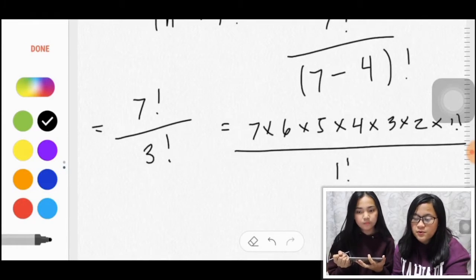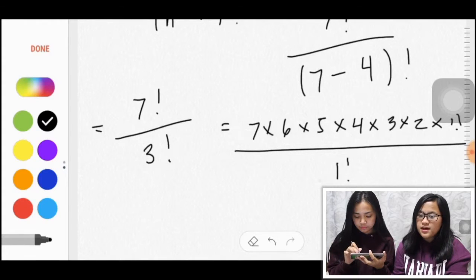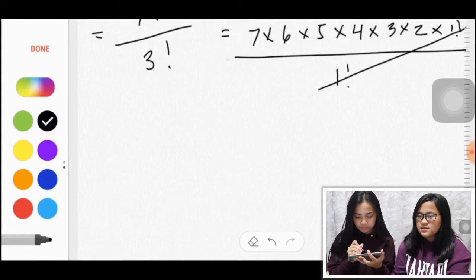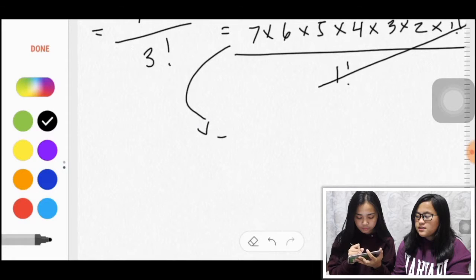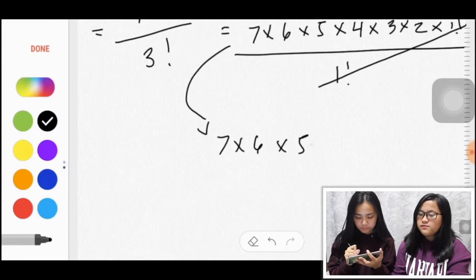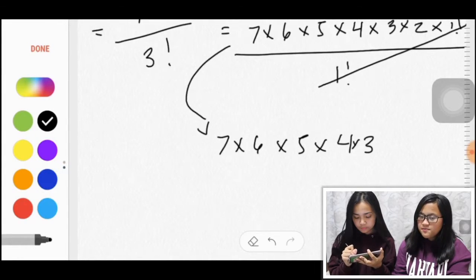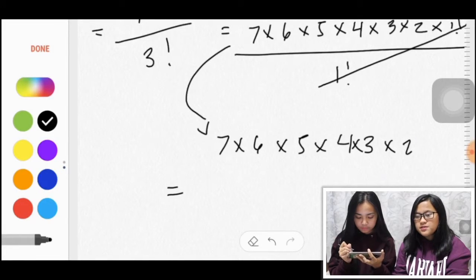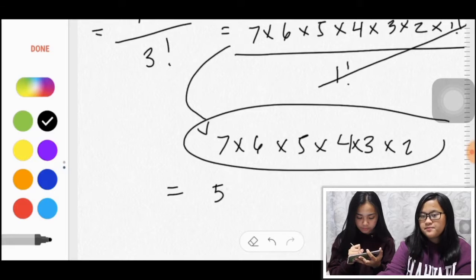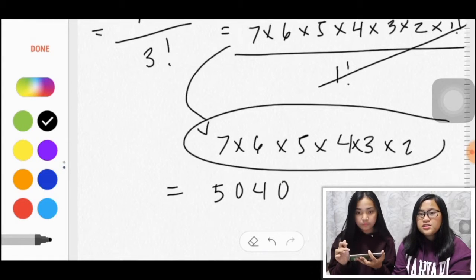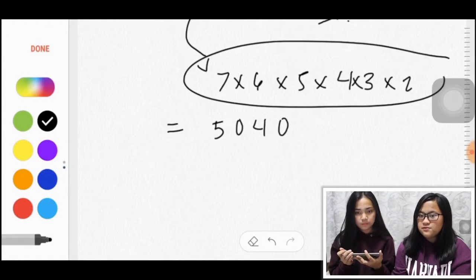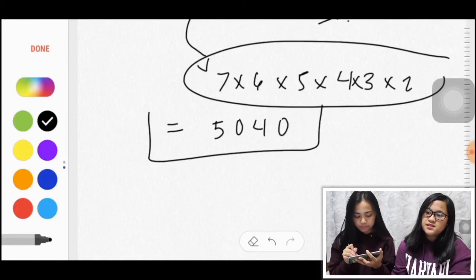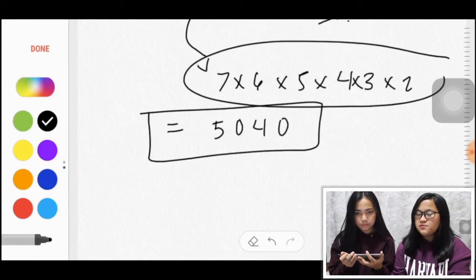We all know that if we cancel out 3 factorial, all that's left is 7 times 6 times 5 times 4. And now, if you multiply all these numbers, you'll get 840. That just simply means that we can create that many words using 4 spaces at a time out of the 7 letters of the word crystal.